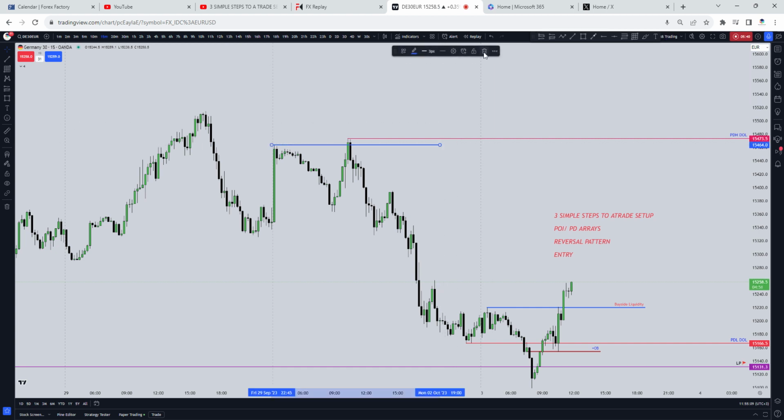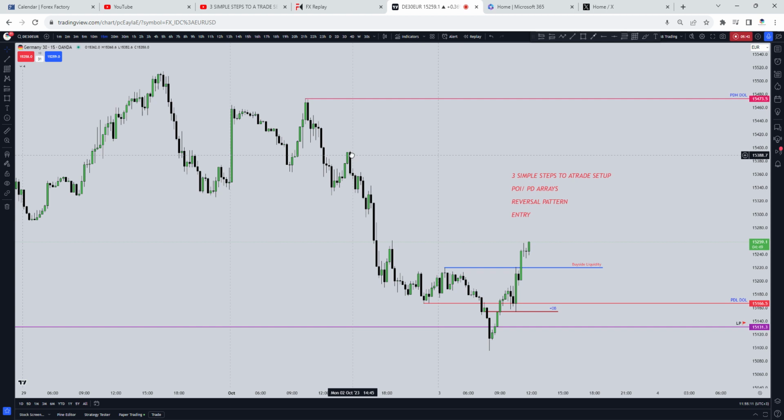If you watched one of my videos where I said that market structure is like a ladder. Liquidity is what runs the market. So the market runs on liquidity. It hunts for liquidity.